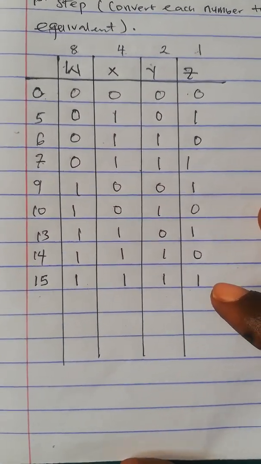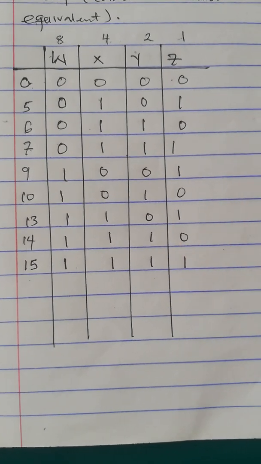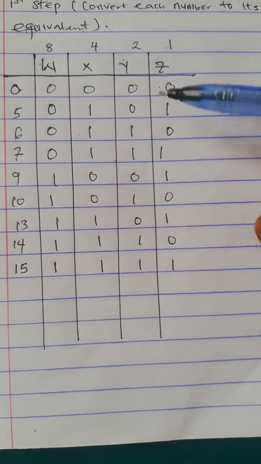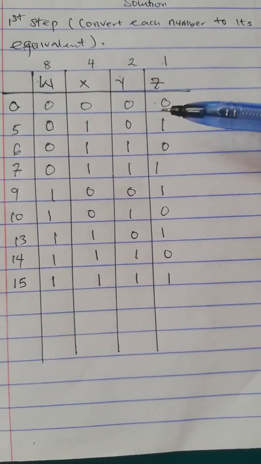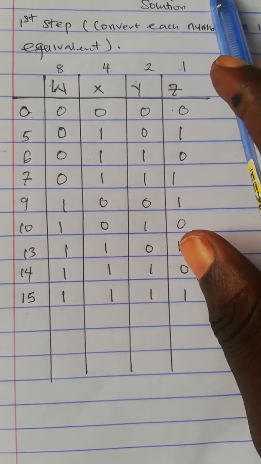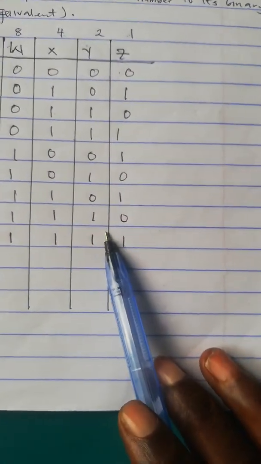This will be our final conversion table, the binary equivalent for all these numbers: for 0 is 0, for 5 is this, for 6 is this, until 15.